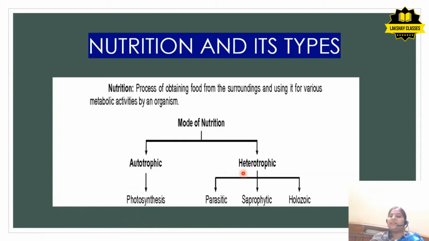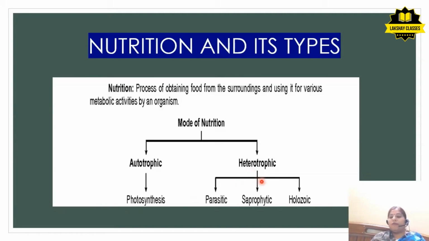Then hetero means dependent. So when organisms are dependent on other organisms for their food, such type of nutrition is called heterotrophic nutrition. We animals and other organisms are also somehow directly or indirectly dependent on plants for our food, right?